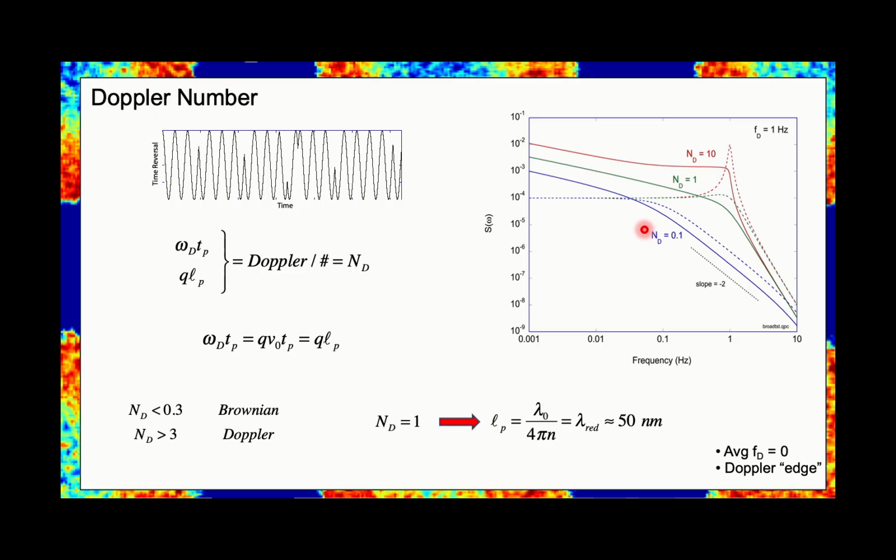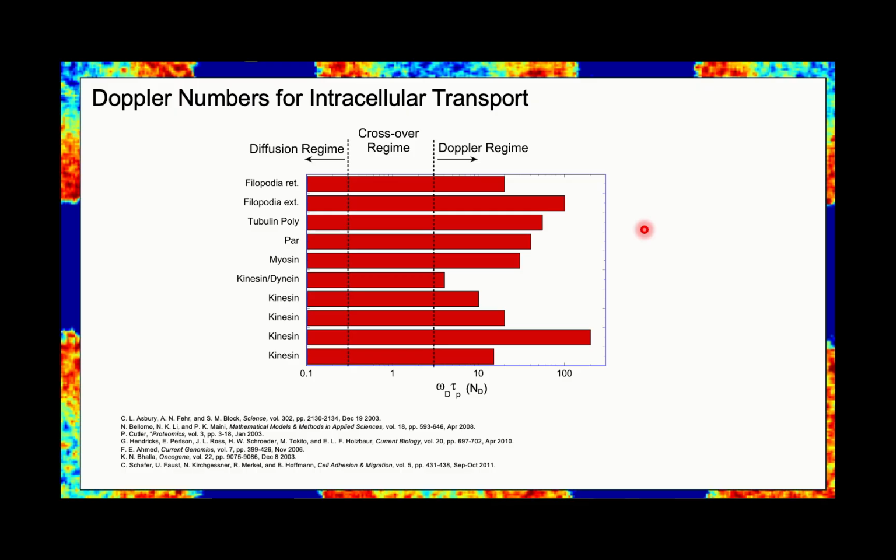So what's our Doppler number inside a living tissue? Well, it turns out that there are hundreds of papers written on this, and so it's not so much that we're detecting speeds and motions for the first time. In fact, we're building on a vast literature of live cell microscopy, and this is just a small sampling, but lots of different processes.